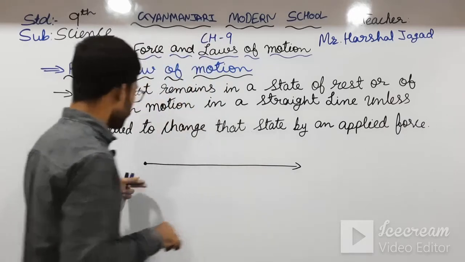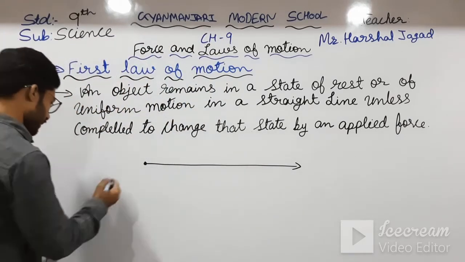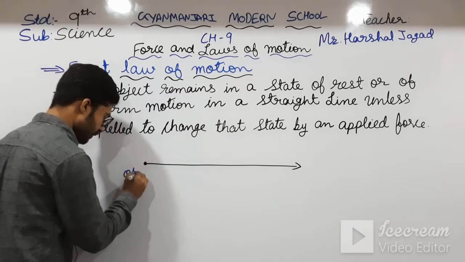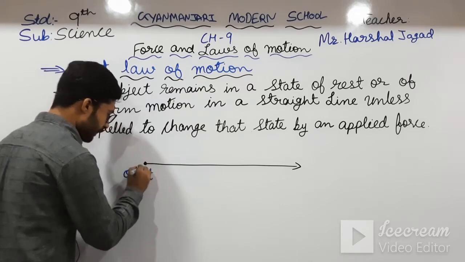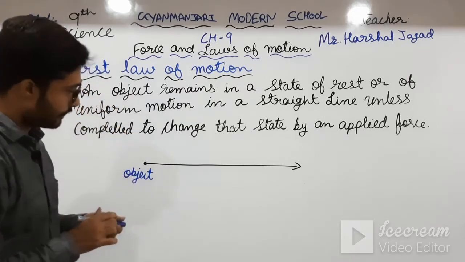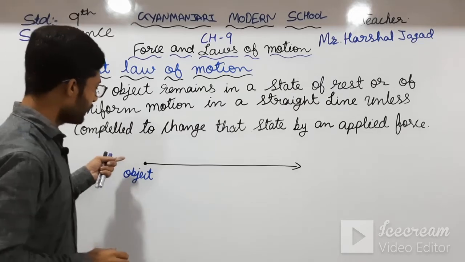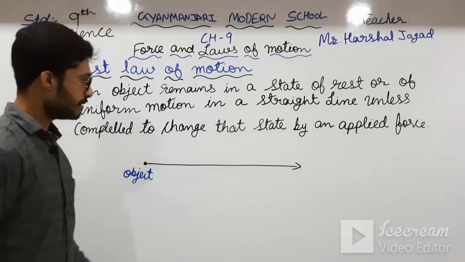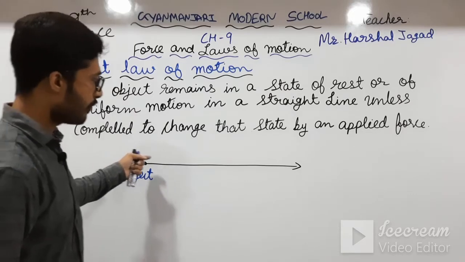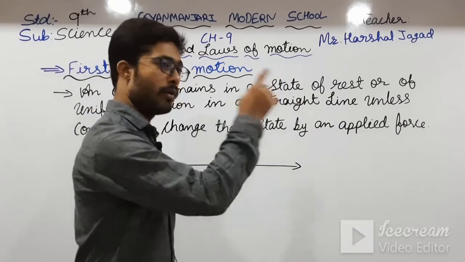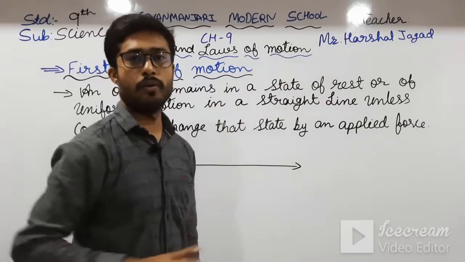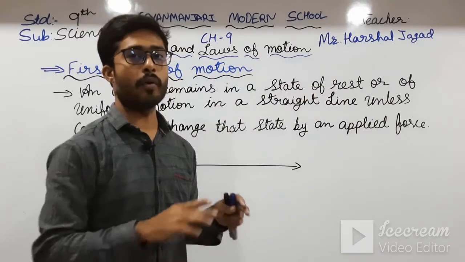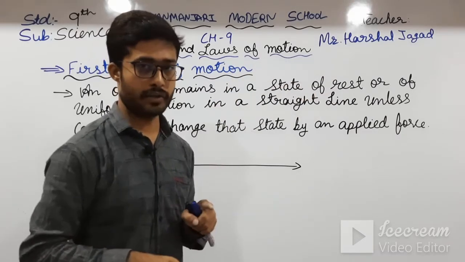Okay students, so there is an object. See here students, this is an object. It is going straight. Okay students, in uniform motion, it will go and go and go. It will not stop or change direction.